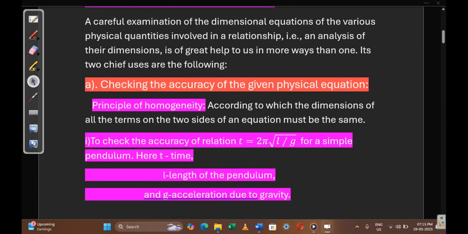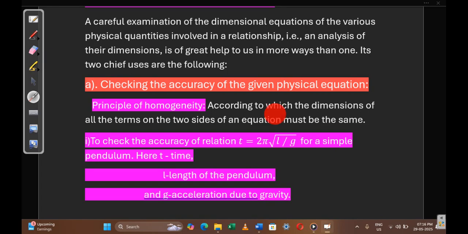What is the principle of homogeneity? According to it, the dimensions of all the terms on the two sides of an equation must be the same. We can add, subtract, or equate only the same physical quantities.